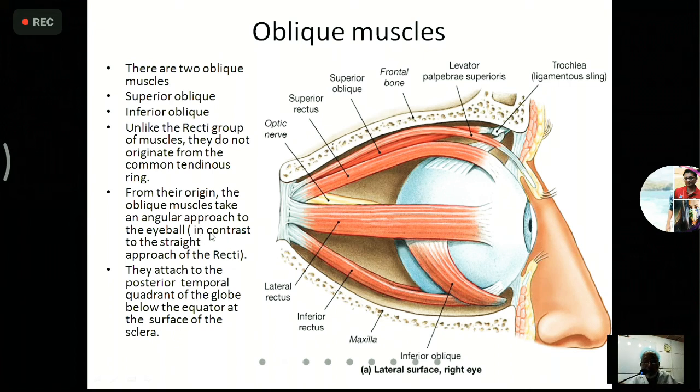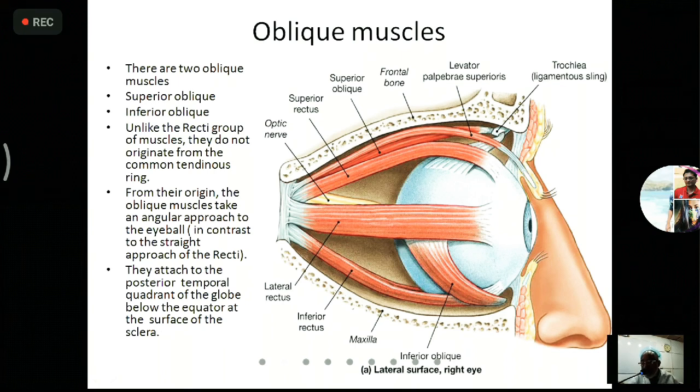Recti take straight and oblique muscles take angular insertion. And this is another question for the MCQ. They attach to the posterior temporal quadrant below the equator at the surface of the sphere.